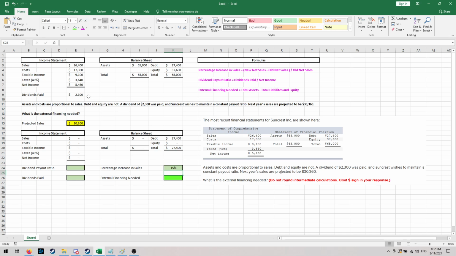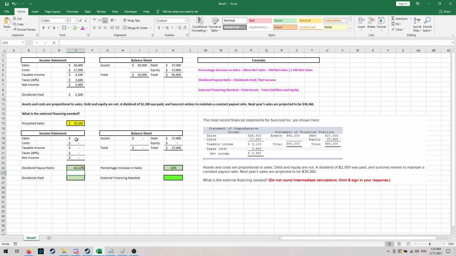That's very easy. That is essentially exactly like finding out how you scored on a test in this class. We're just going to divide our dividends paid by our net income. So we press equals, dividends paid, divided by net income. And we see we paid out, well, almost half of our net income in dividends, 42%.